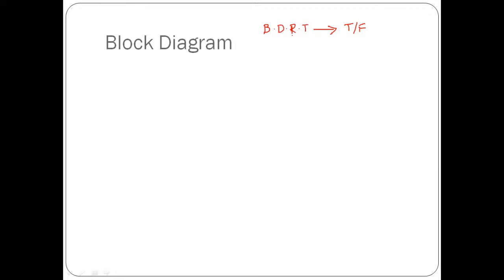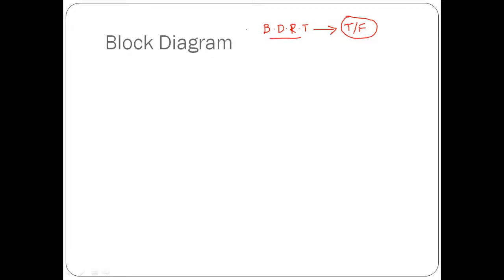So how to apply various rules of block diagram reduction technique to convert it into its equivalent parametric function, also called the transfer function, we are going to learn in the coming sessions.